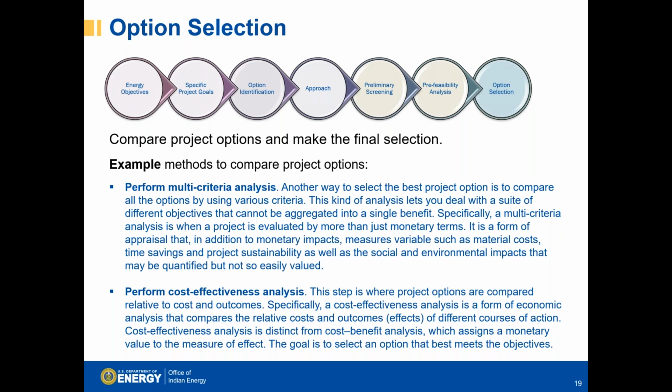The goal here is to select an option that best meets your objectives. Again, these are just a variety of methods. There's more information in the template, but it gives you an idea of different methodologies you can use as you go through and assess what projects might meet your objectives best.